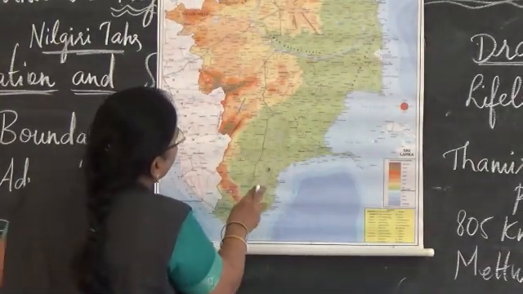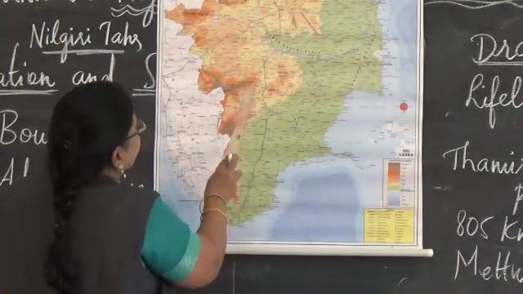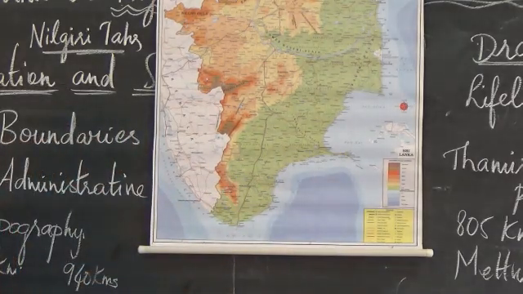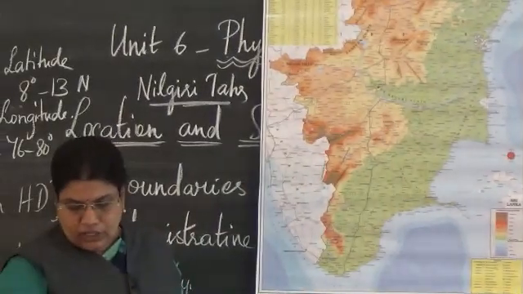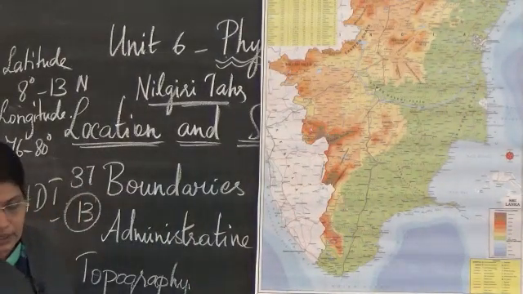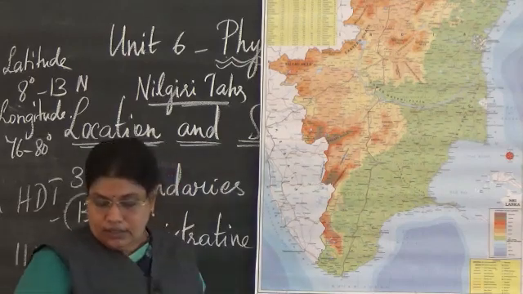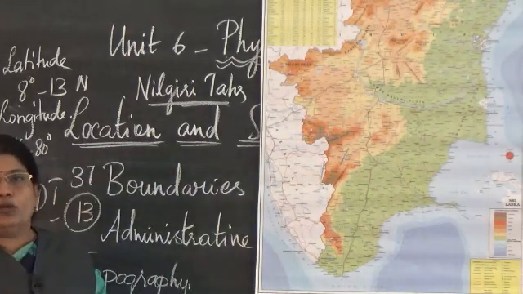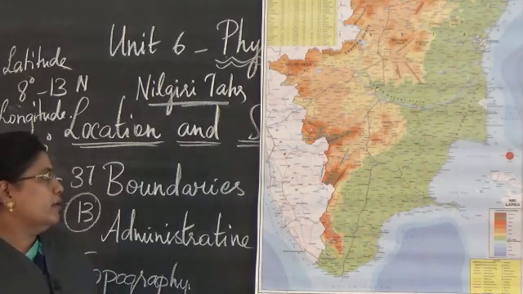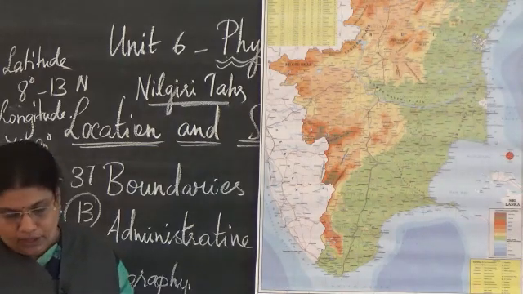So, we have the Vaigai River. It rises from the eastern slope of the Varushanadu Hills of the Western Ghats. It drains an area of nearly 7,741 square kilometers. The entire river flows in the state of Tamil Nadu.